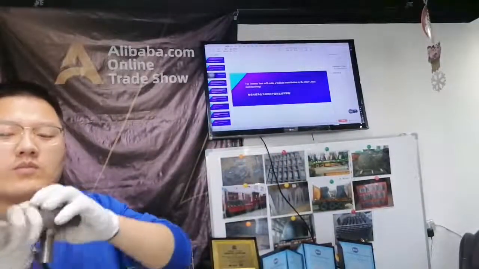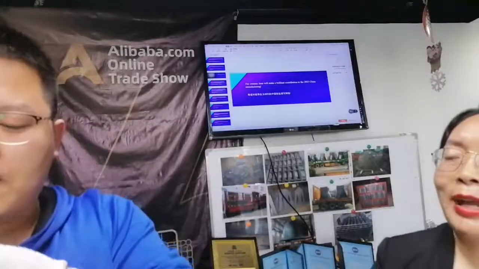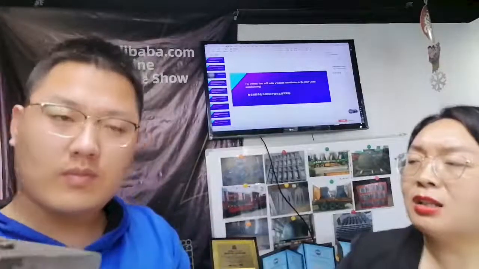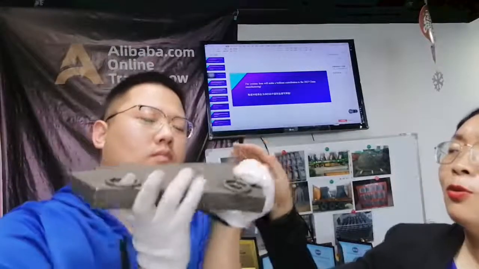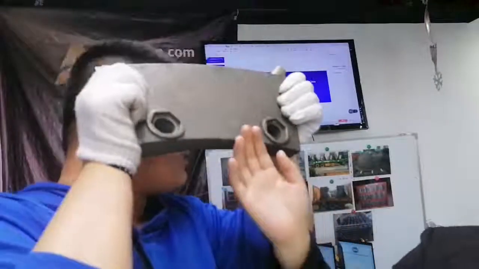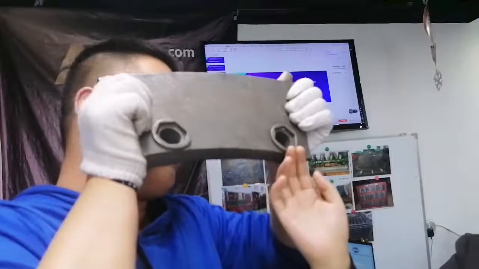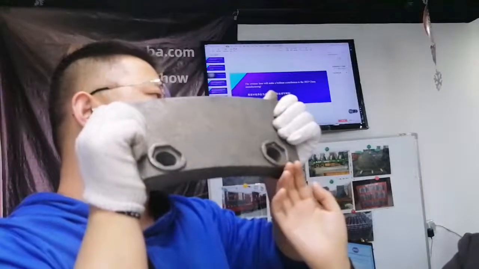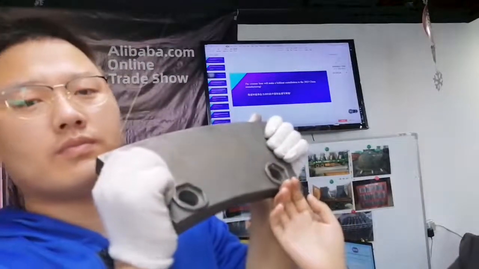So this material cannot solve this issue. So far, we have to improve our design to suit the high temperature, high abrasion application.